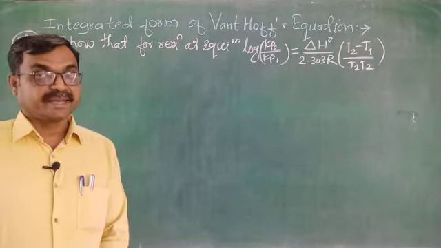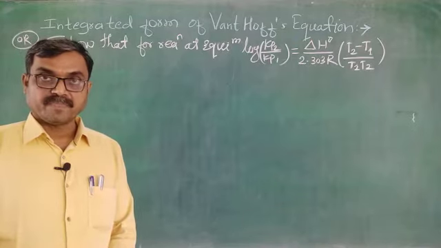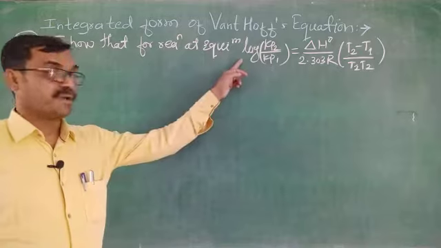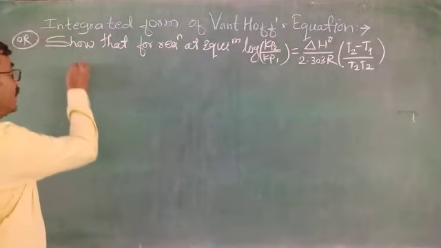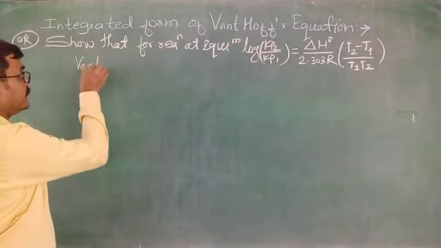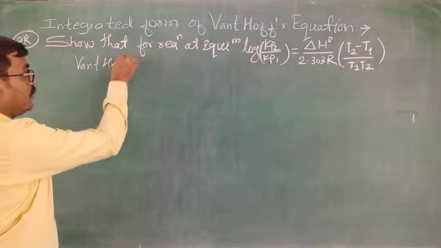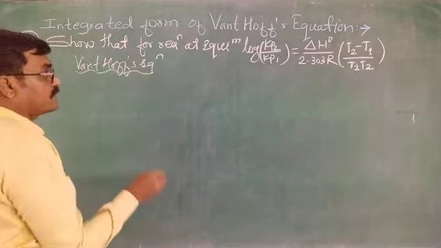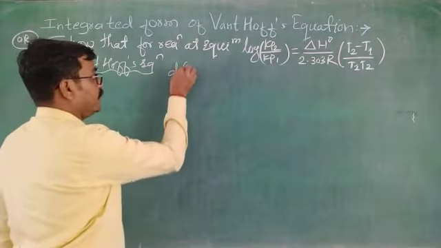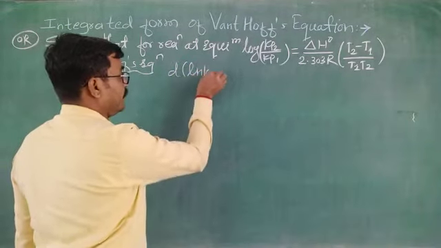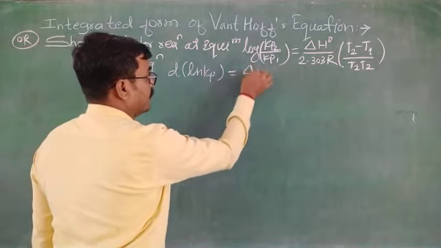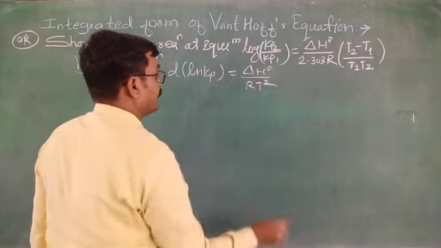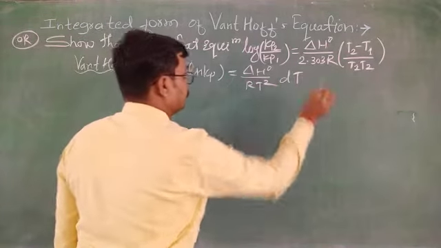Only we have to integrate that equation, and you will get this integrated form. What is Van't Hoff's equation? The derivative of ln Kp is equal to delta H0 upon RT square into dT.